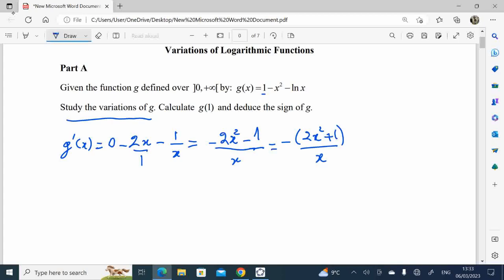Now, we know that x is positive. 2x squared is positive, adding 1 to 2x squared it's positive. So the whole numerator is positive times this minus, it's negative, over positive, so the whole g prime will be strictly negative for all x in the domain which is 0 plus infinity.